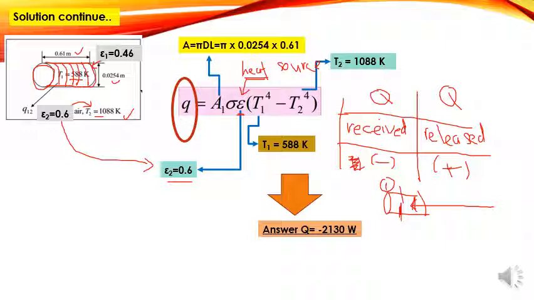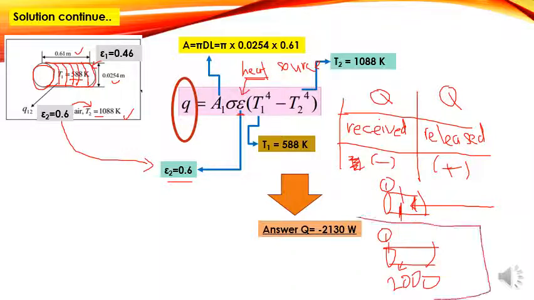But for example, let's say your reference point is T1, and the temperature of the object is higher, let's say 2000, and the temperature of the surrounding is maybe 100. In this case, the heat will move from 1 to 2.